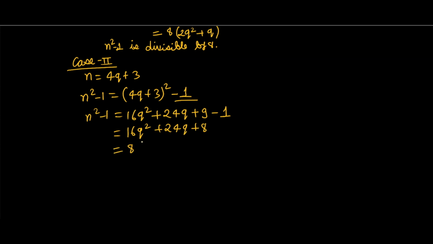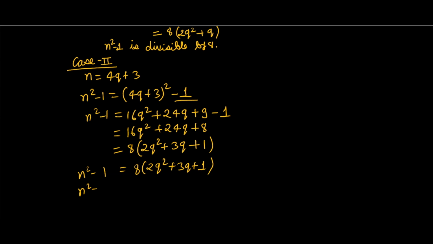So 8 we will take common: 8 times (2q square plus 3q plus 1). So we are getting n square minus 1 is equal to 8 into (2q square plus 3q plus 1). So n square minus 1 is divisible by 8.